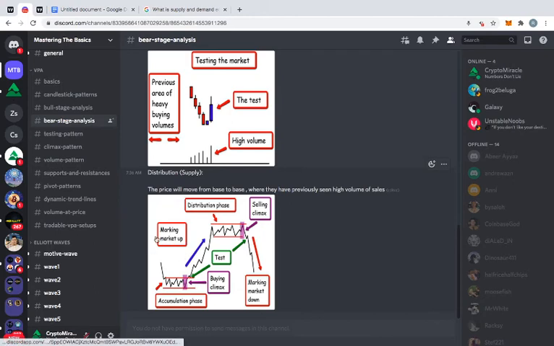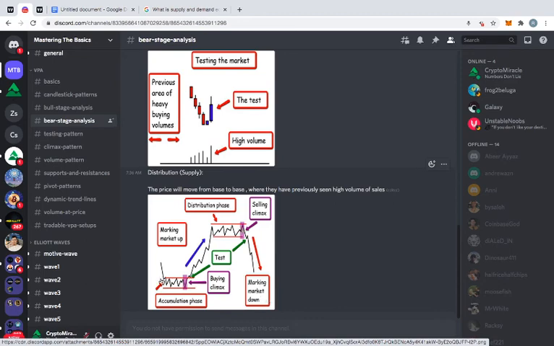This is where the volume nodes, basically this is accumulation, your buying climax pattern that we talked about, or we're going to talk about in more detail, the uptrend, the distribution, the selling climax, right, and then the downtrend.